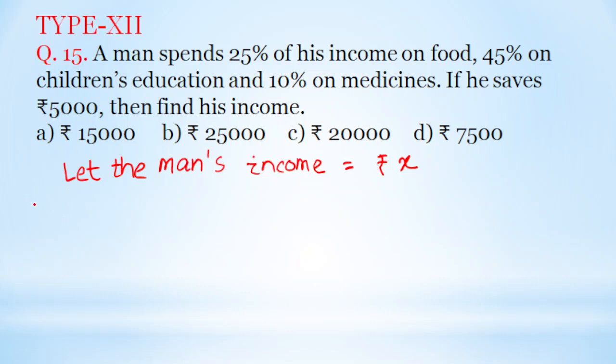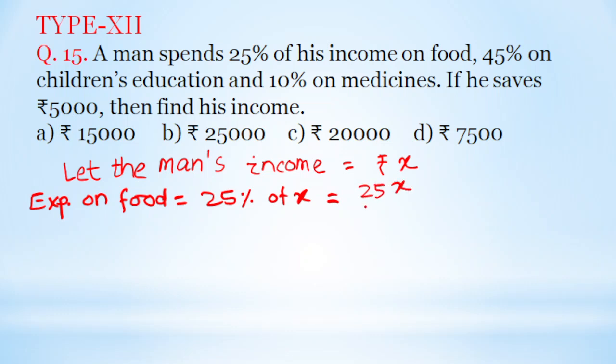So, expenditure on food is equal to 25% of his income. His income is X, so it is 25% of X. So that is equal to 25X by 100.